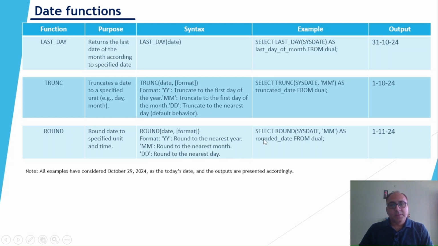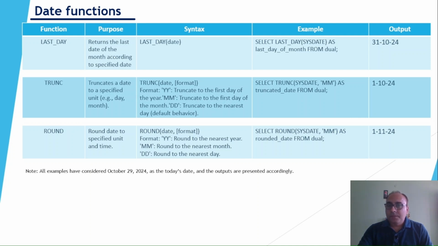For example, select ROUND(SYSDATE, 'MM') as rounded_date from dual. This will return 1st November 2024. Here we are basically rounding the month. Whatever is the next month, it will return the first date of that month. So it will round to the next month. That's the reason it's returning 1st November 2024.